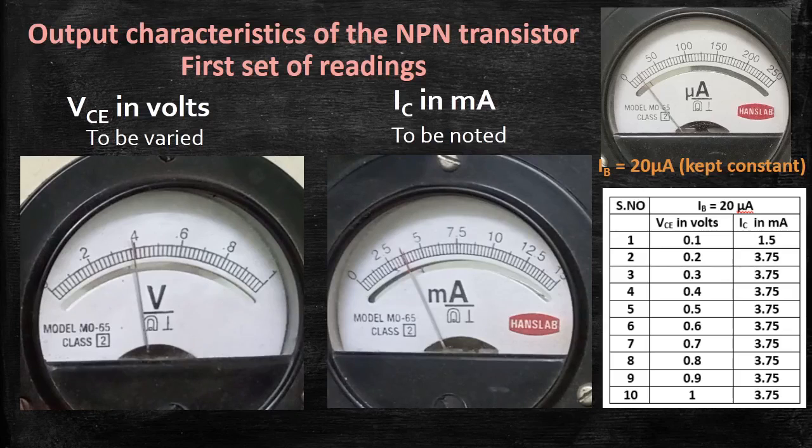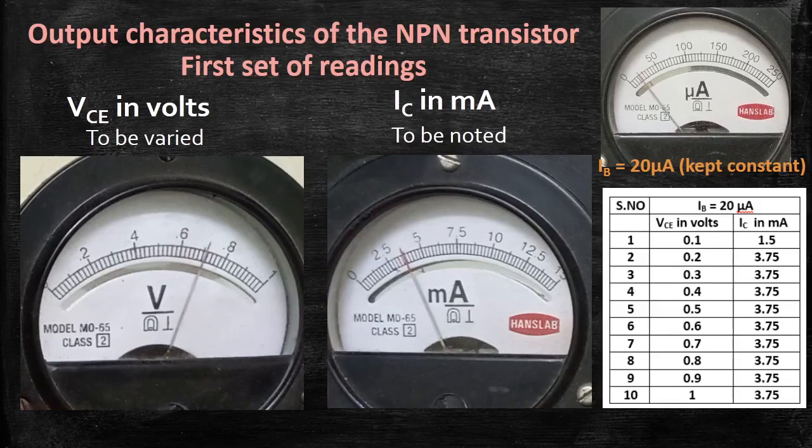From 0.4 to 0.5, again no change in IC, 3.75. Now from 0.5 to 0.6, no change in the IC value, again 3.75. It shows that the transistor has attained the saturation region.